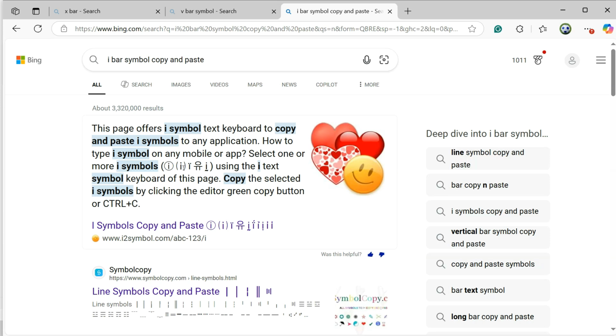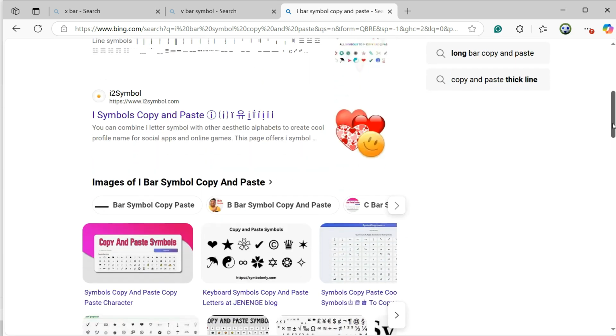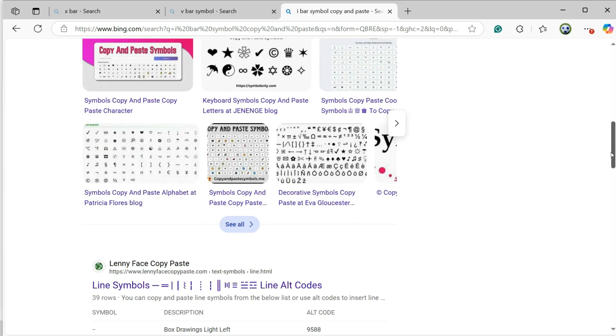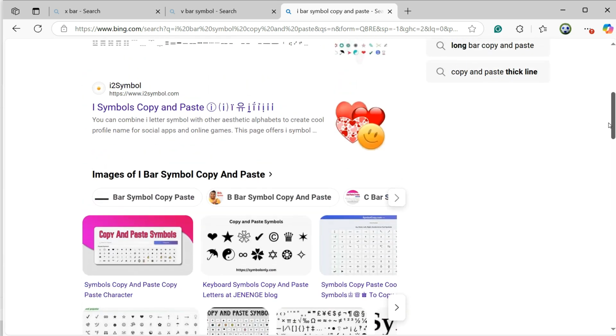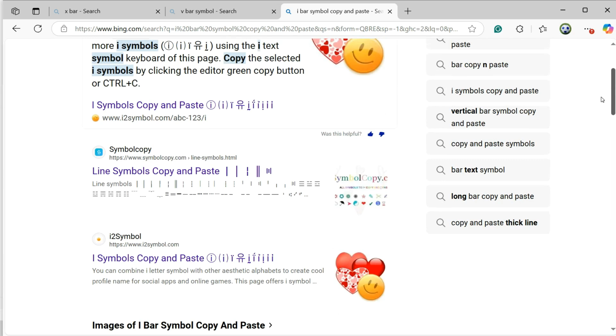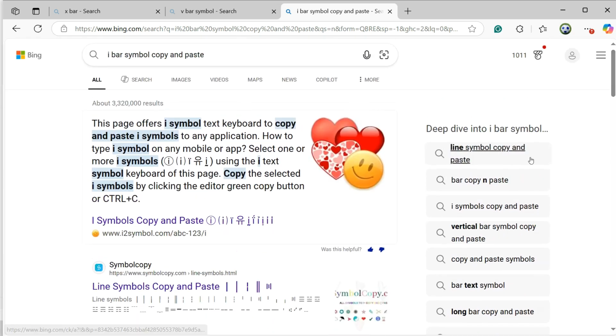I bar is not even here on the internet. This is something which is not even written in a computer. The character is not there. So how do we now reinvent the wheel? It's just by saying I bar. Does it mean that we are trying to create something which does not exist?